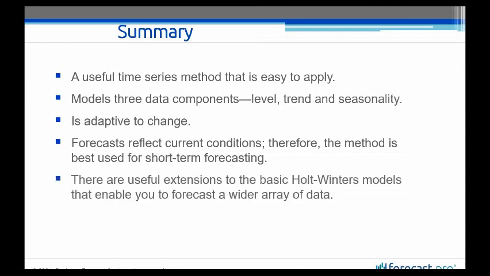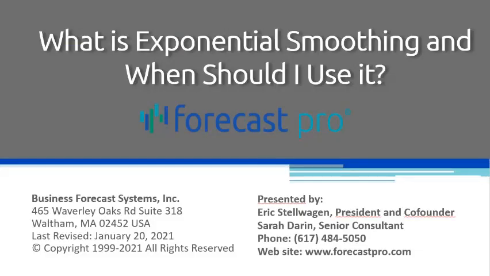And as we just went through, there are a lot of very useful extensions to the basic Holt-Winters models, and that allows you to account for a wider array of data. So data, the intermittent demand data, data with selling seasons. It allows you to incorporate things like events, and we encourage you to use those extensions.